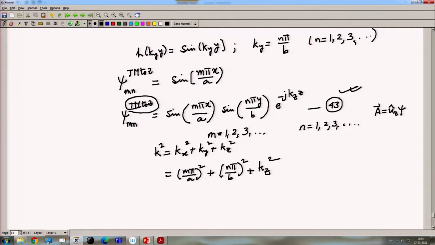We just substitute the psi function in those equations, and we will get all the electric and magnetic fields for the rectangular waveguide.